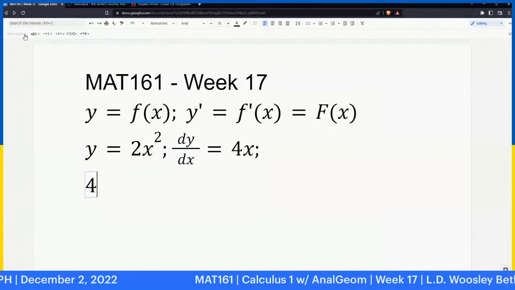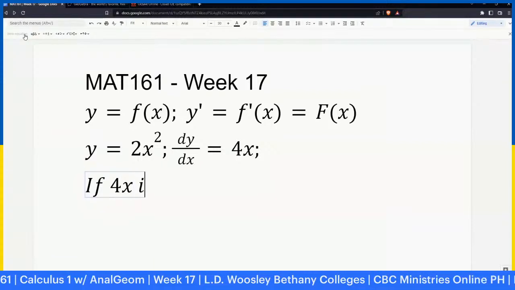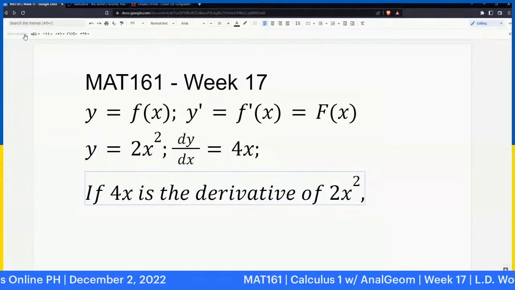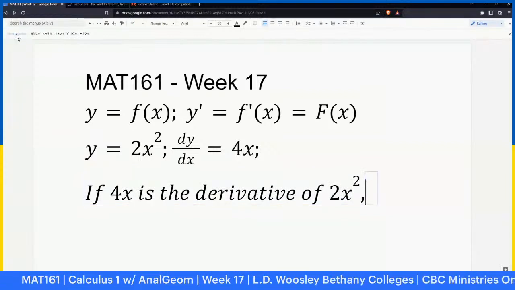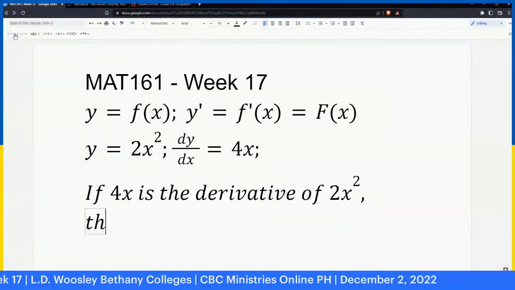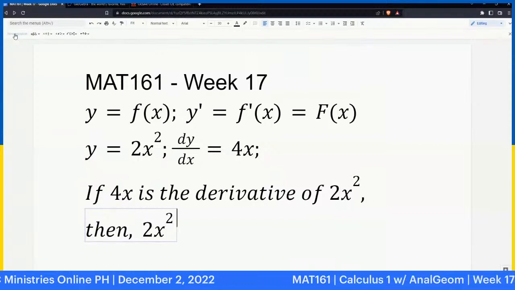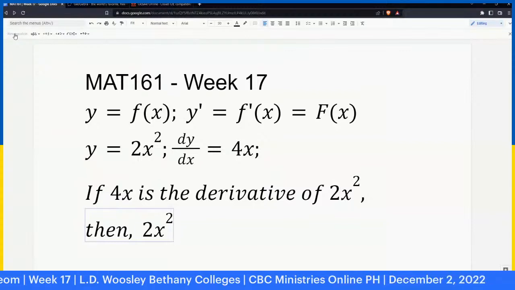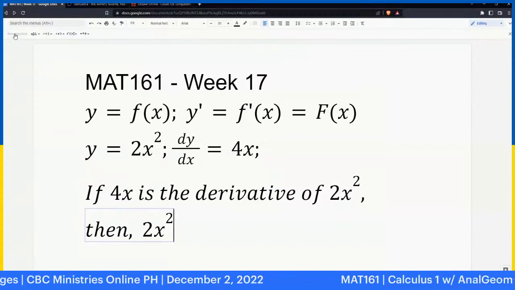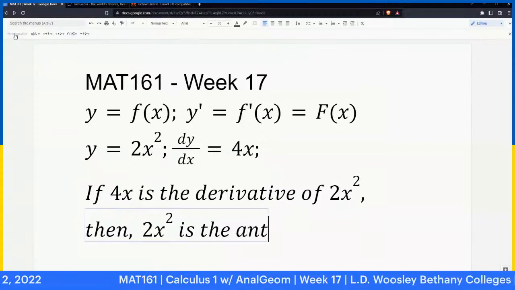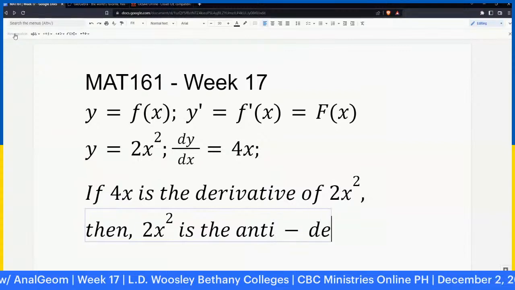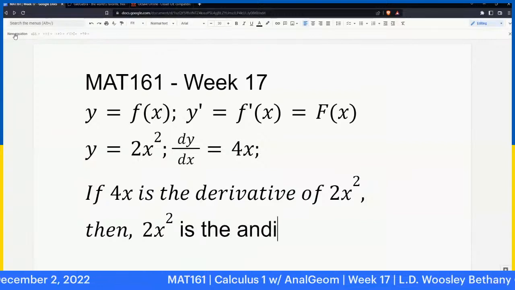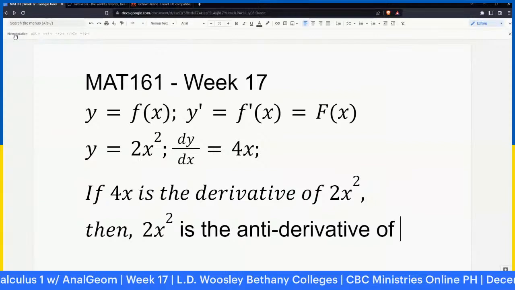So if I will put it in a statement, if 4x is the derivative of 2x squared, 2x squared is the antiderivative of 4x. It's just an opposite operation.